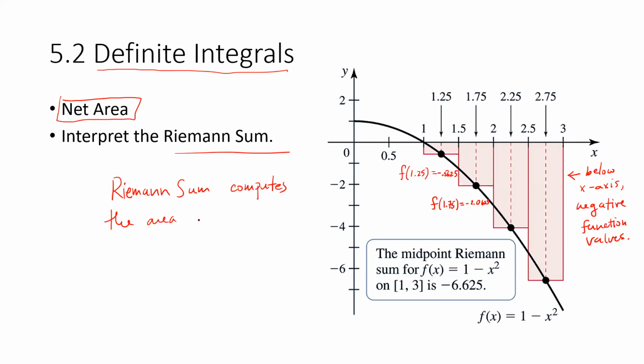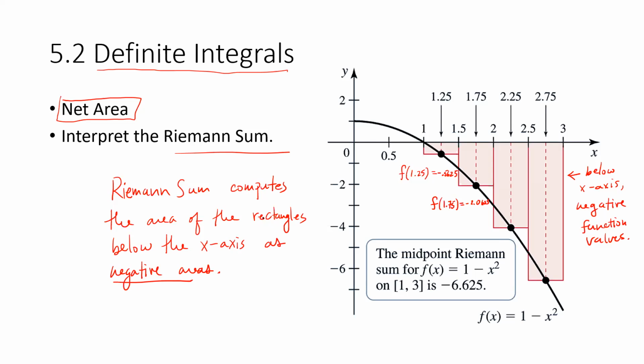So it computes the area of the rectangles below the x-axis as negative areas. Right? We typically think of area as a geometric quantity that's always positive.